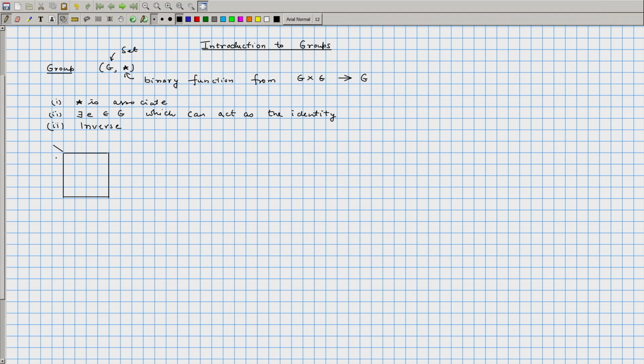So, that can be given by a table. So, if we took G to be E, A, B and C, we want to describe here the group that we used to solve our puzzle on reachable configurations on a solitaire board.